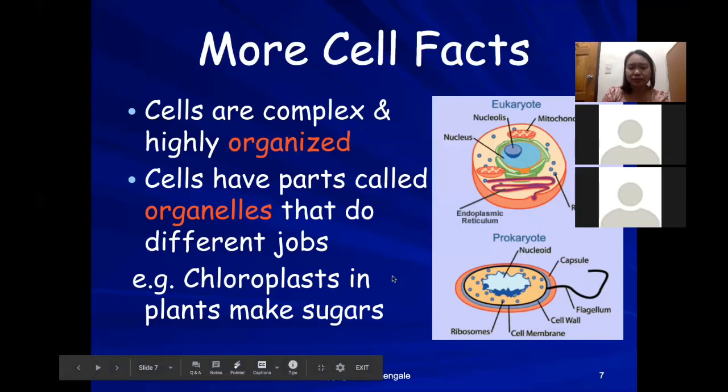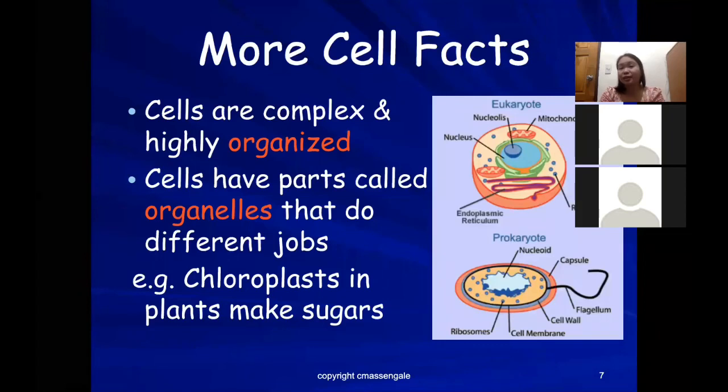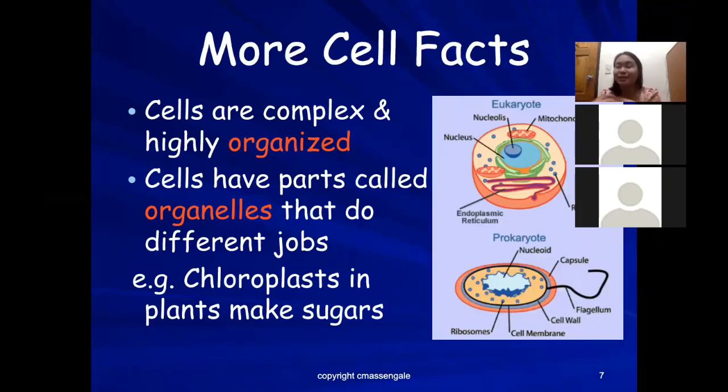Because chloroplast is the green pigment because it absorbs all the colors except for green. So it's green because it's the only color that it reflects. So that's why it's green.